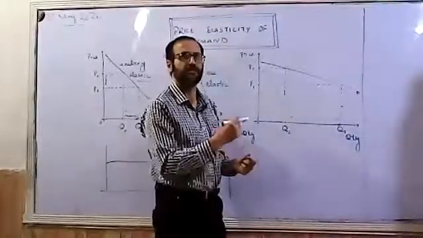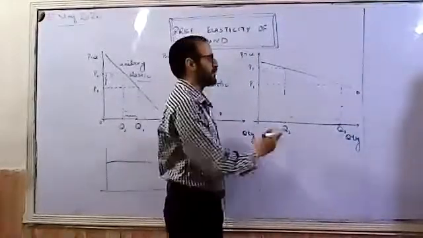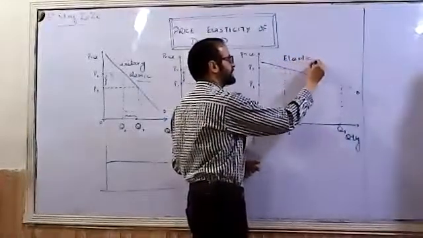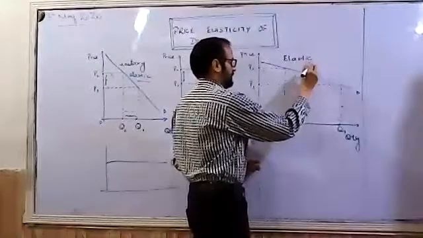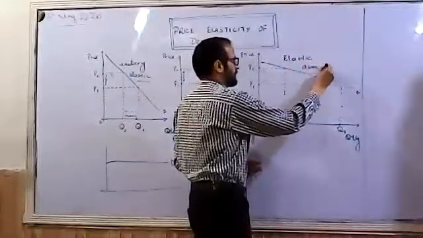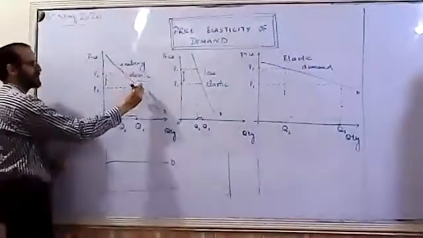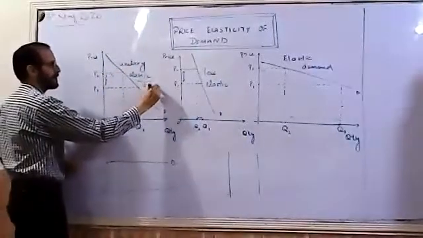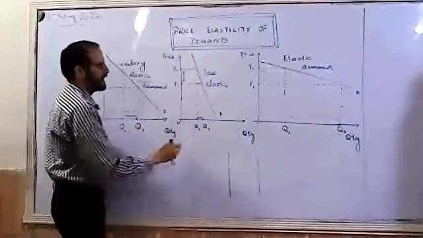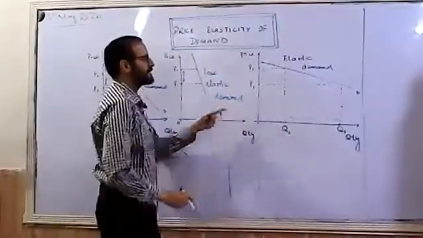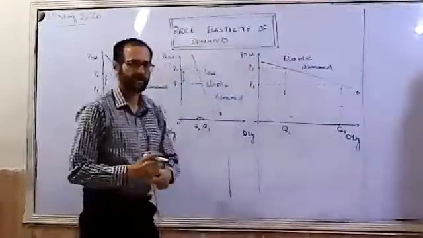It's showing more response. So we can use the term that this is actually an elastic demand curve. So unitary elastic demand, less elastic demand curve, and last is the elastic demand curve.